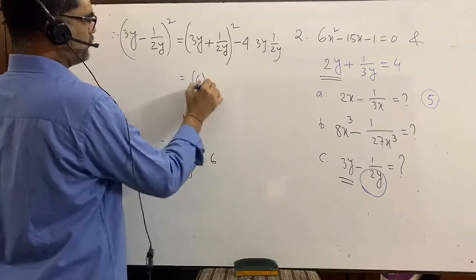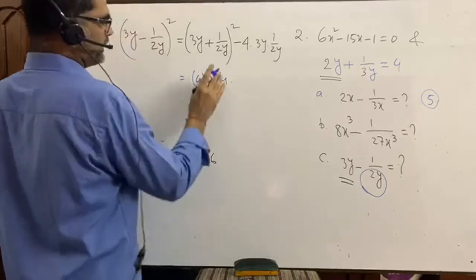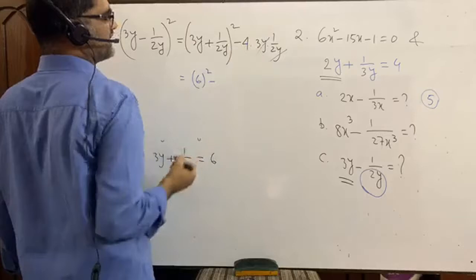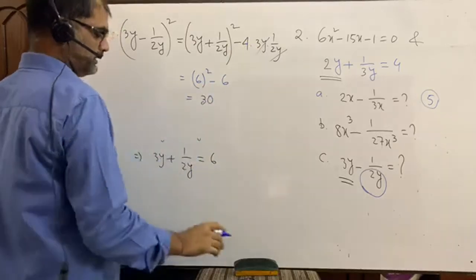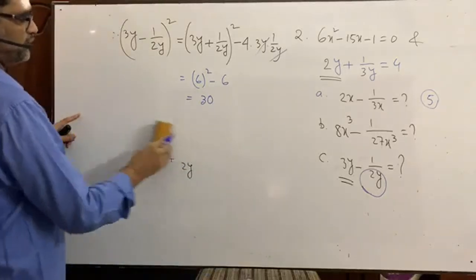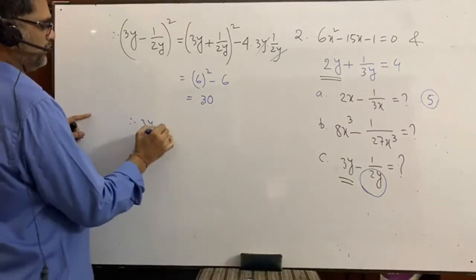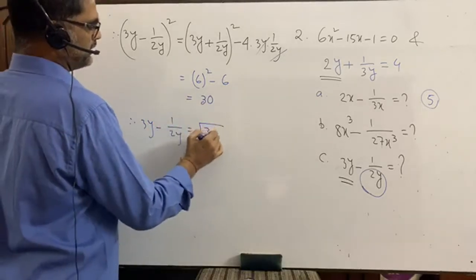That is 6 whole square minus 4 into, y will be omitted, 2 into 4, that is 2, that is 6. So we are getting 30, right? Putting the values, therefore we can write down here 3y minus 1 by 2y equals to root over 30.